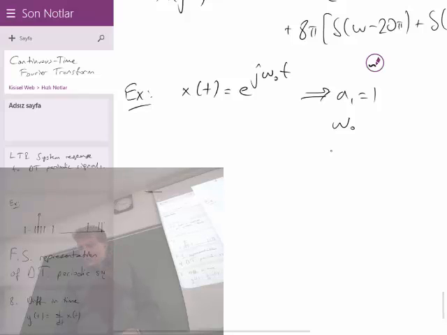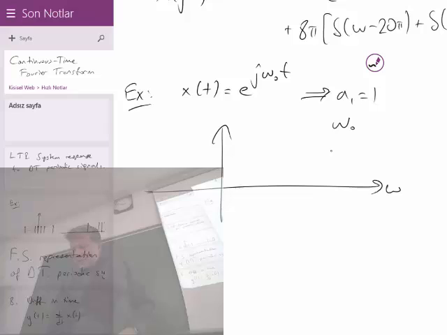So what are we going to do? We are going to draw it on the frequency axis, find omega 0, let's say it is here, and we are going to insert an impulse at that position, which is 2 pi times the coefficient, which is 2 pi, of course. Is that it? That's it. So this is the Fourier transform, as simple as that.